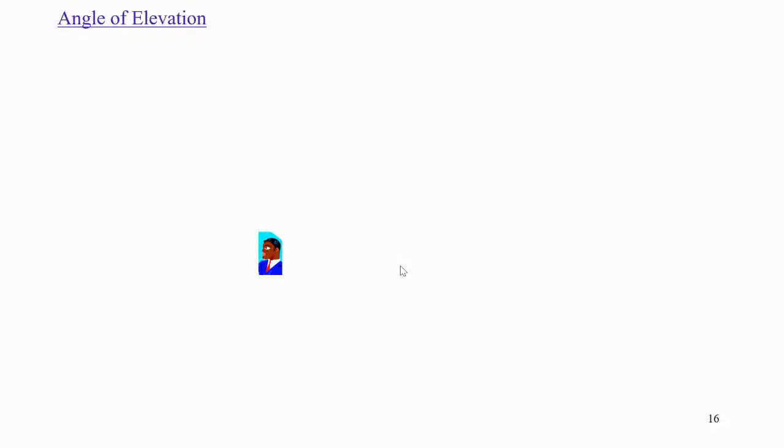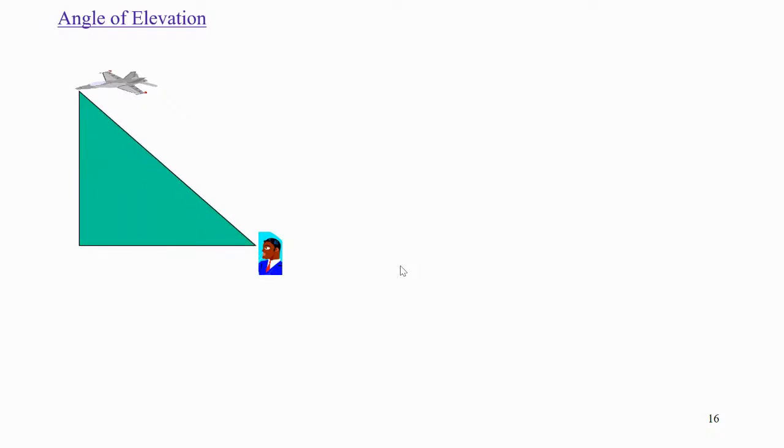So, first, say a person is standing below on the horizontal base, and he's looking at an aeroplane. So his direction from the horizontal line is moving upwards. So he's moving on this side. And so his line of sight is upwards, what we were saying just now.